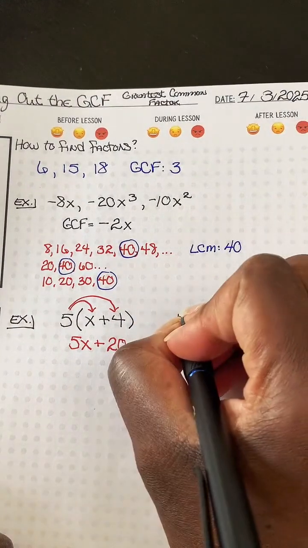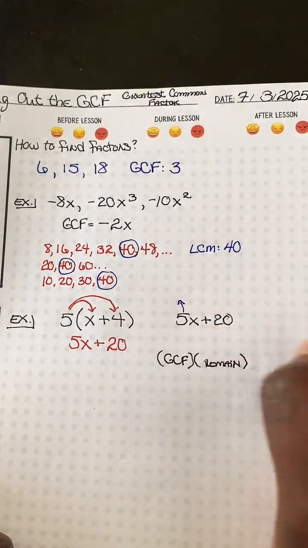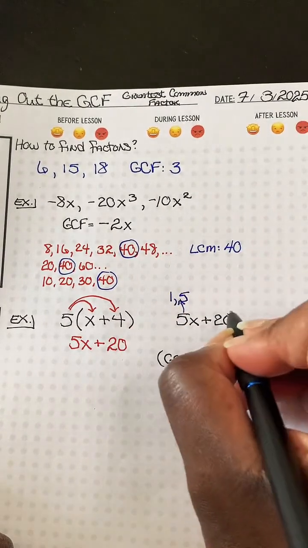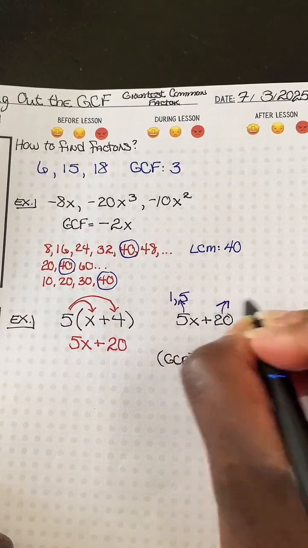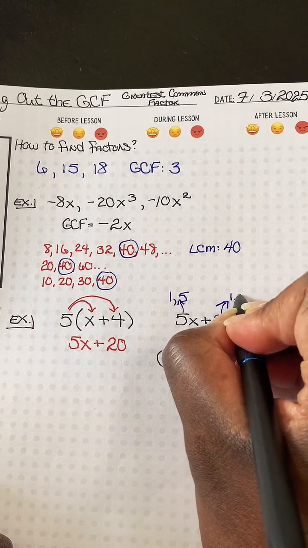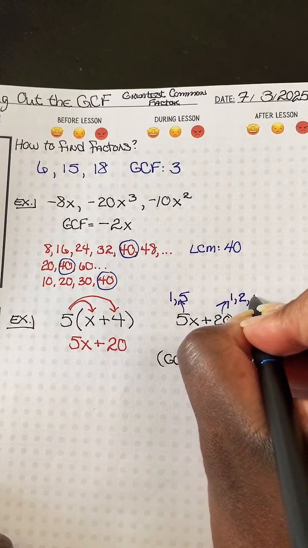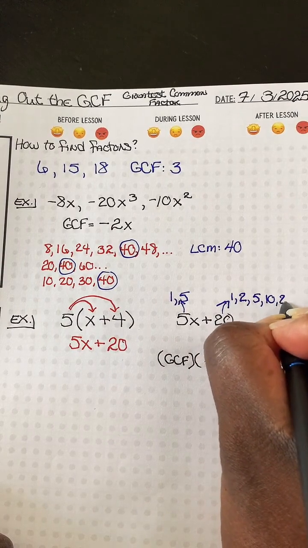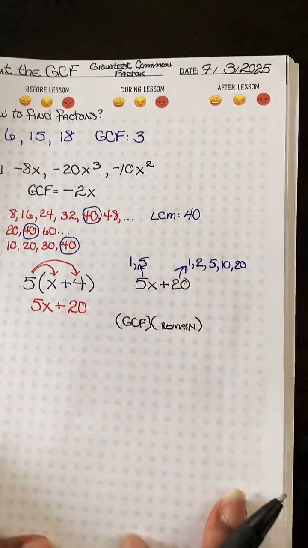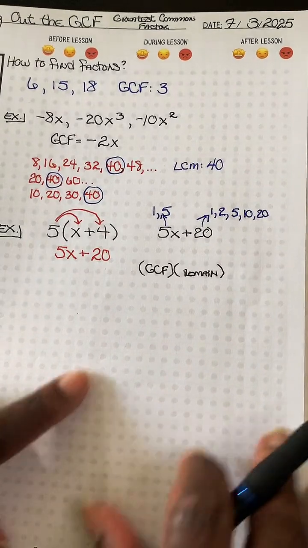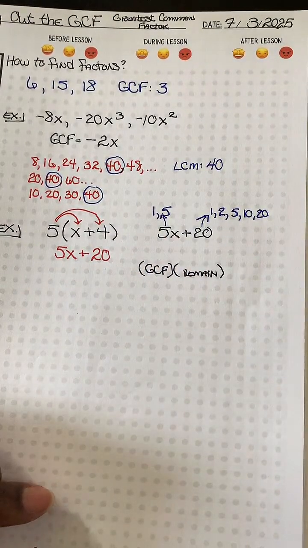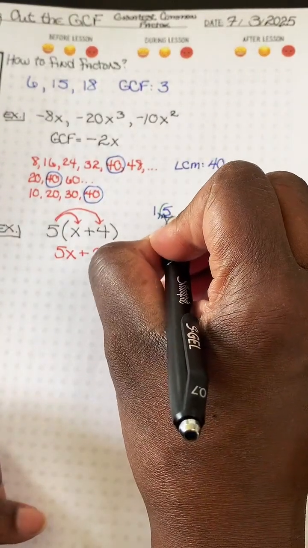We'll go with blue. So the factors of 5 is 1 and 5. And the factors of 20 is 1, 2, 5, 10, and 20. What number do they both have in common, which is 5?